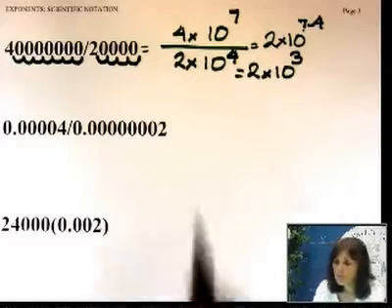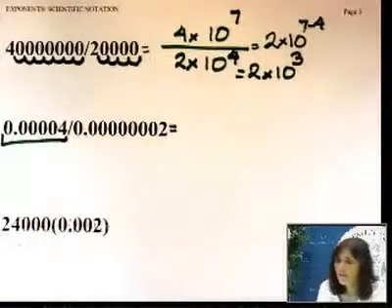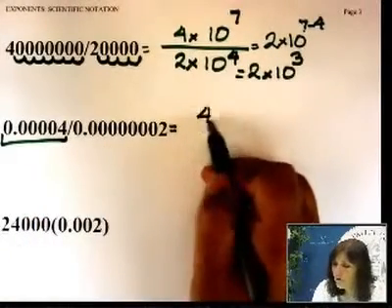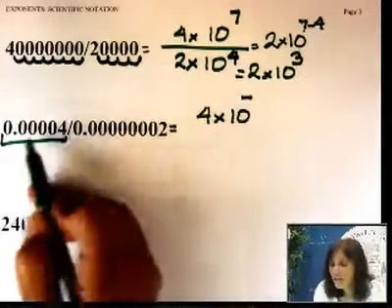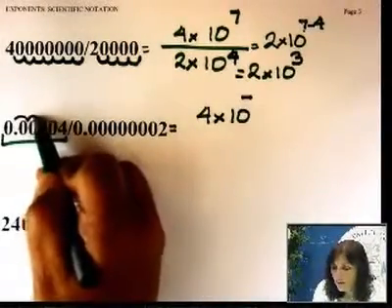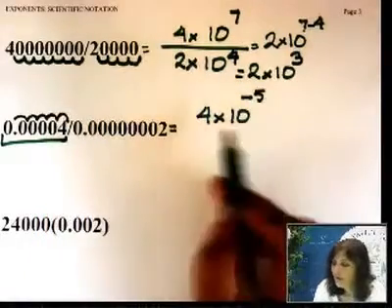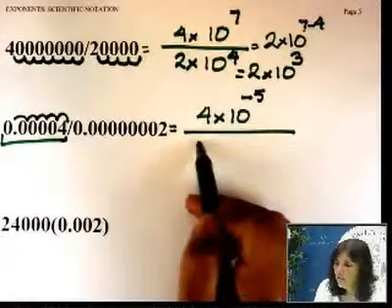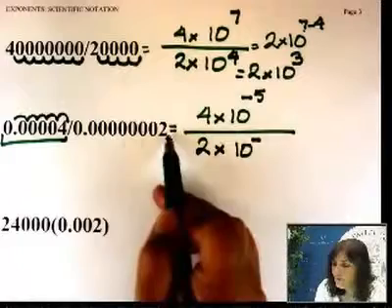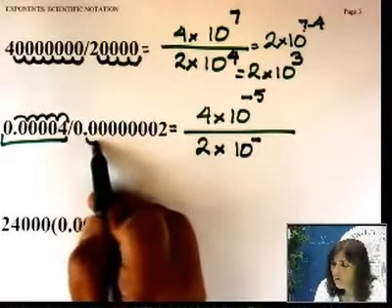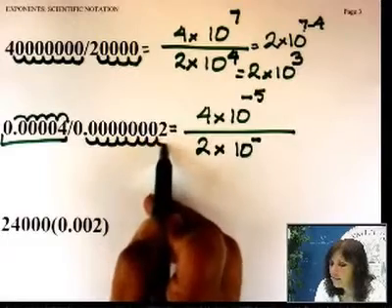How about small numbers? Okay, how about this one? It's 4 times 10 to the small number, so it's a negative. Let's count. 1, 2, 3, 4, 5. Divided by 2 times 10 to the small number, so it's negative. From here to here, let's count. 1, 2, 3, 4, 5, 6, 7, 8.